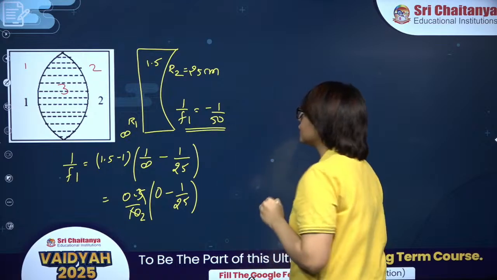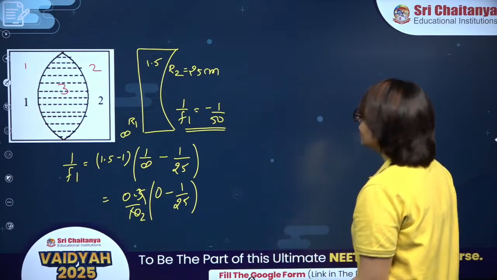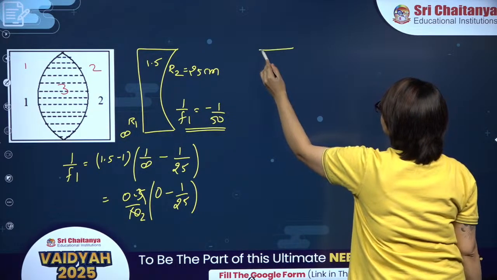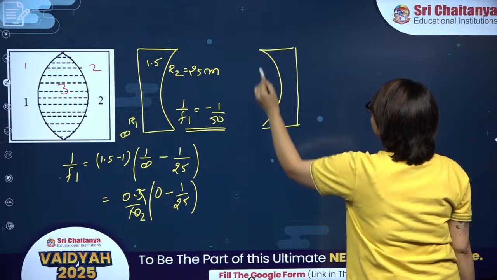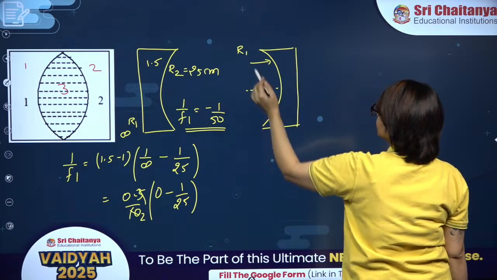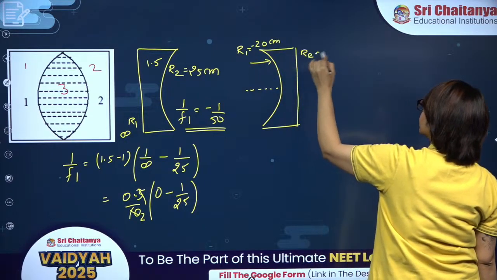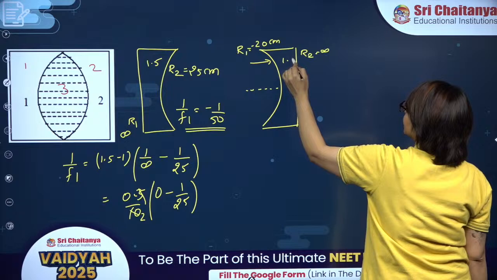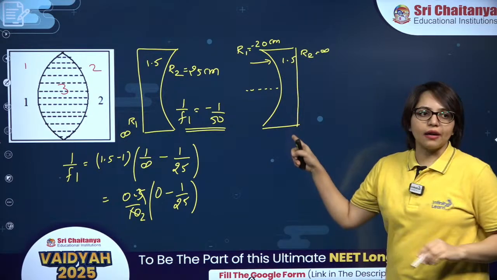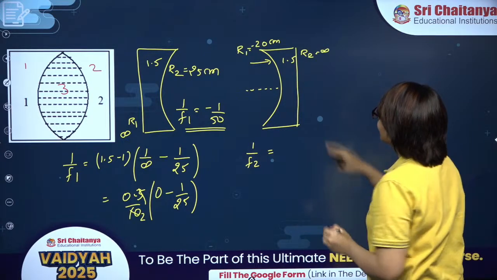Okay? This is the first information that we need for the equivalent focal length. Then let's go for the second one. In second, this is the situation. Now this is R1, but R1 will be in the opposite direction of incident ray, so it will be minus 20 centimeter. R2 is infinite and refractive index of this is 1.5. So focal length of this one is f2. So we can write 1 upon f2 as 1.5 minus 1.